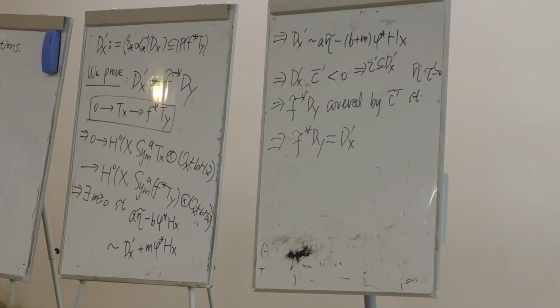It's a very clean application. So every nonlinear complete intersection of dimension greater than or equal to 3 admits no surjective endomorphism of degree greater than or equal to 2. Okay.